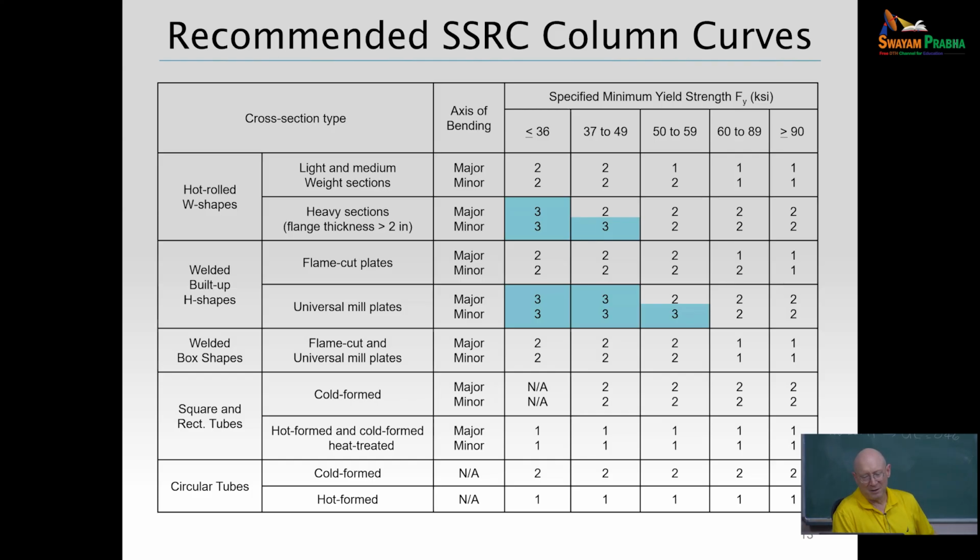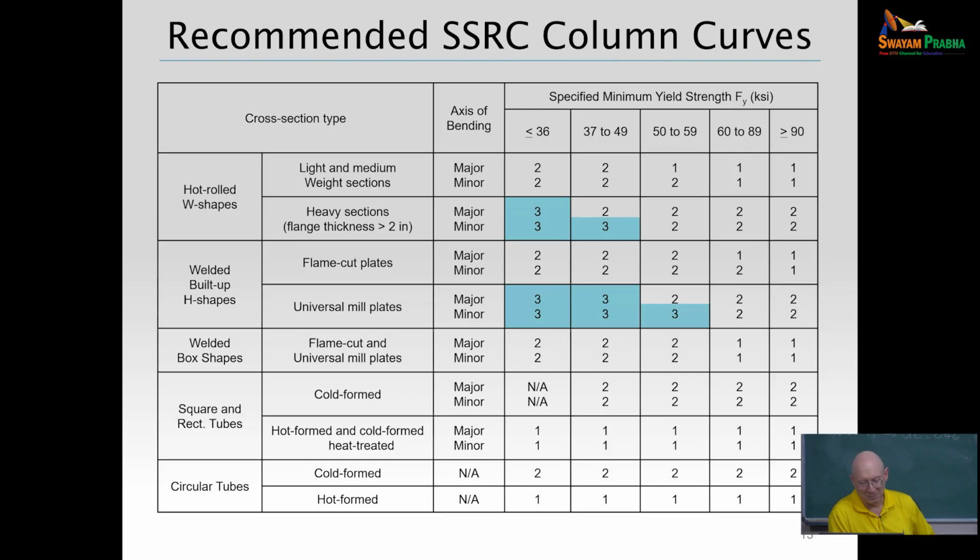Then you say, well, wait a minute, if I've got a light and medium weight wide flange section, major axis bending, wouldn't it be nice to use curve 1? Yeah, that's really more representative. But everything else, if it's an HSS, a square or rectangular tube section, those are usually cold formed.